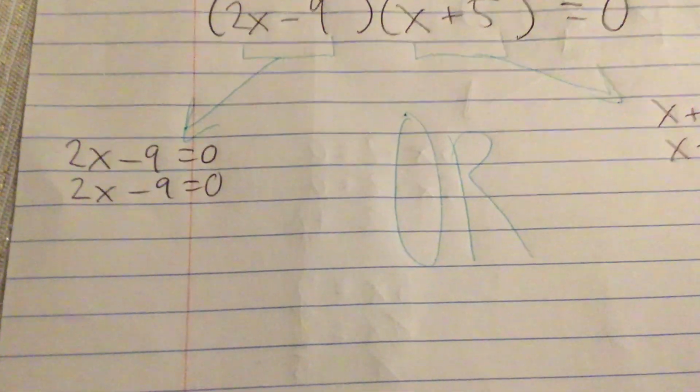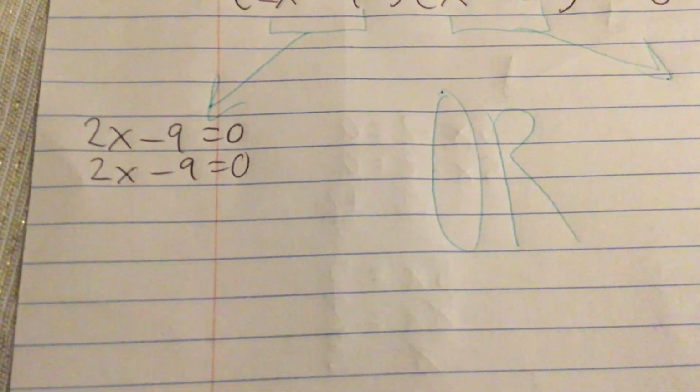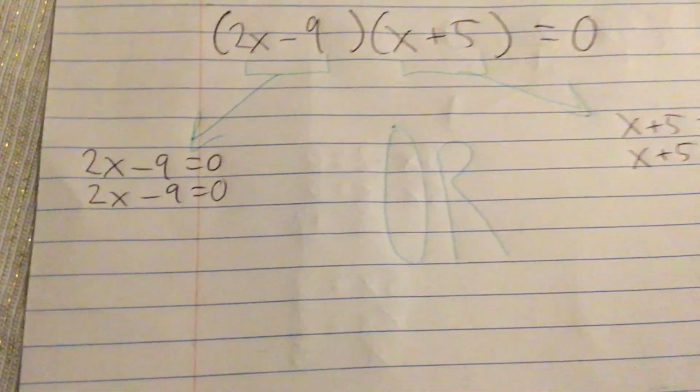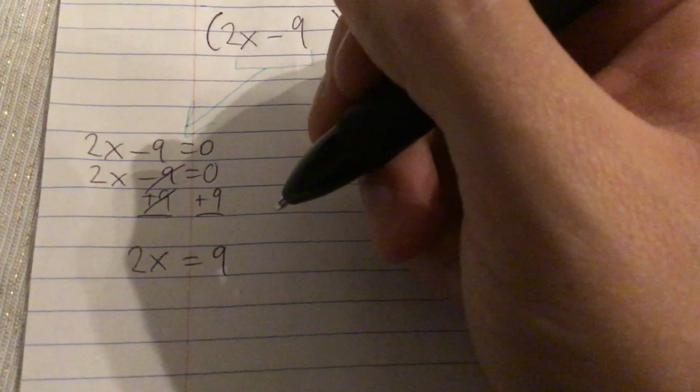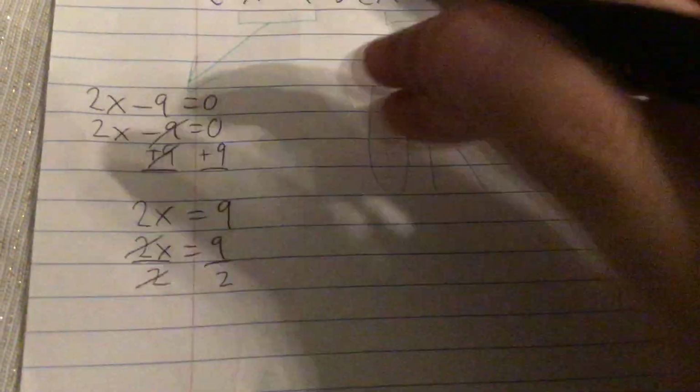Let's start with 2x minus 9 is equal to 0. I'm going to undo the layers of x by adding 9 to both sides. 2x is equal to positive 9. Good. I'm very, very happy. So now I'm going to divide both sides of the equation by 2, isolating x in the process.